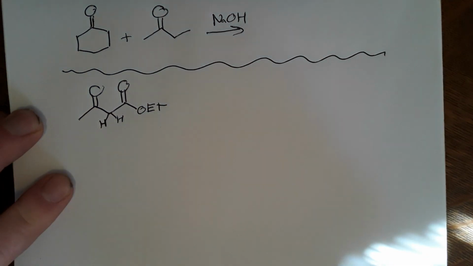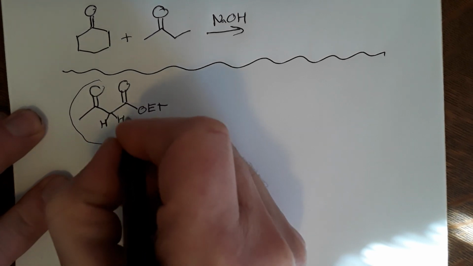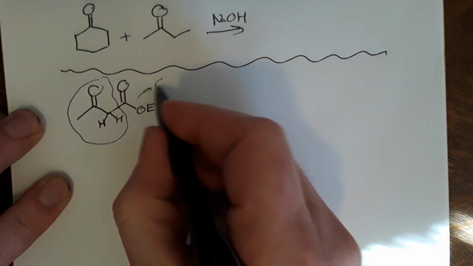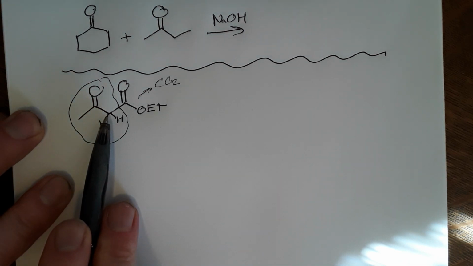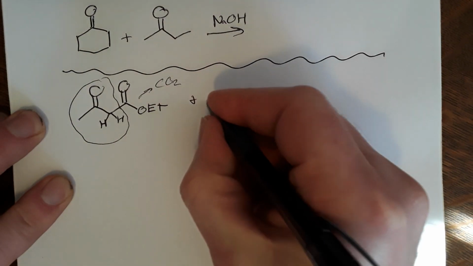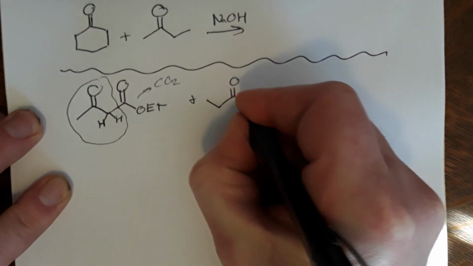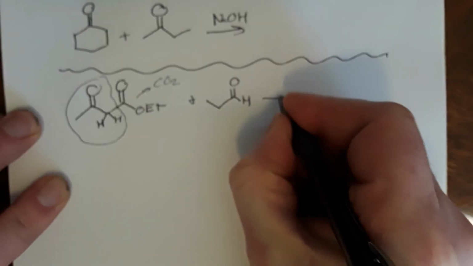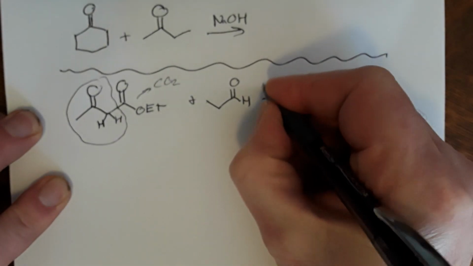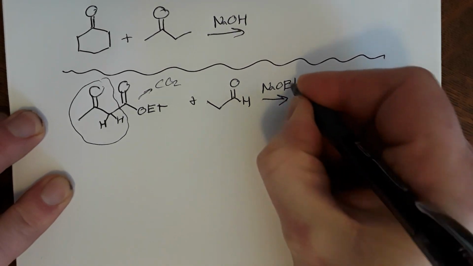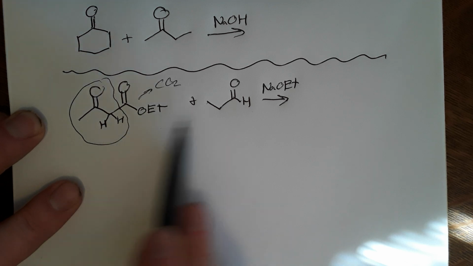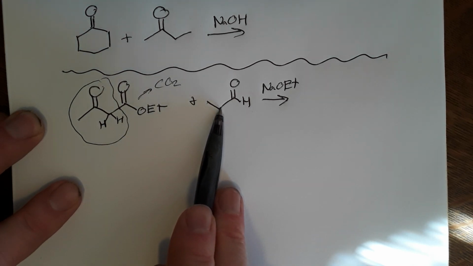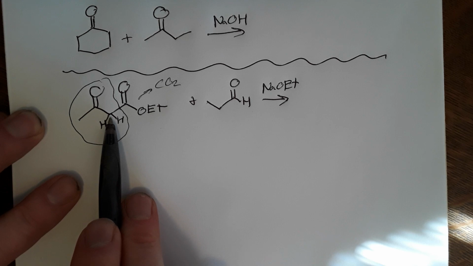Remember acetoacetic ester? This part right here gets removed. We can blow this off as CO2. And so the great advantage is if we put this in together with the aldehyde that we're interested in reacting with it, and we add sodium ethoxide, then we have much more acidic hydrogens right here, and very little of the aldehyde is going to be deprotonated compared to here, and this will be completely deprotonated.